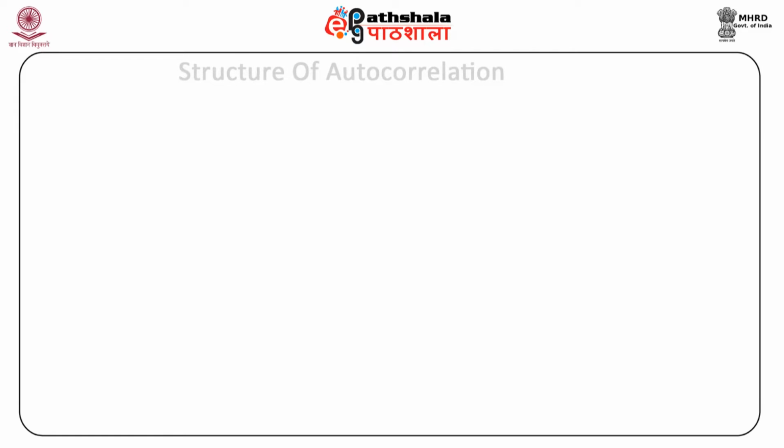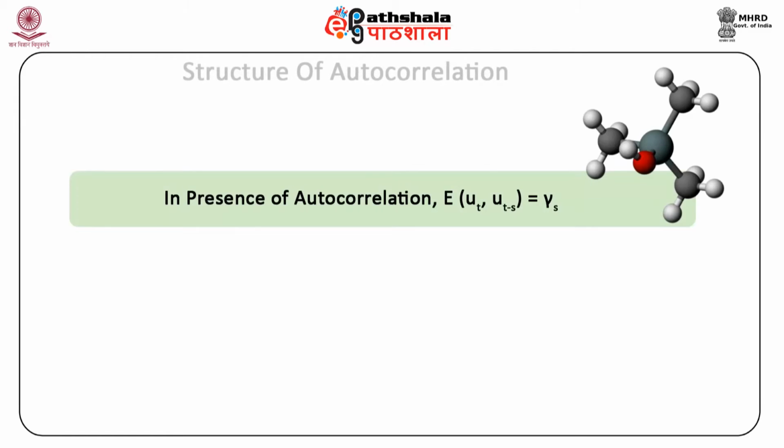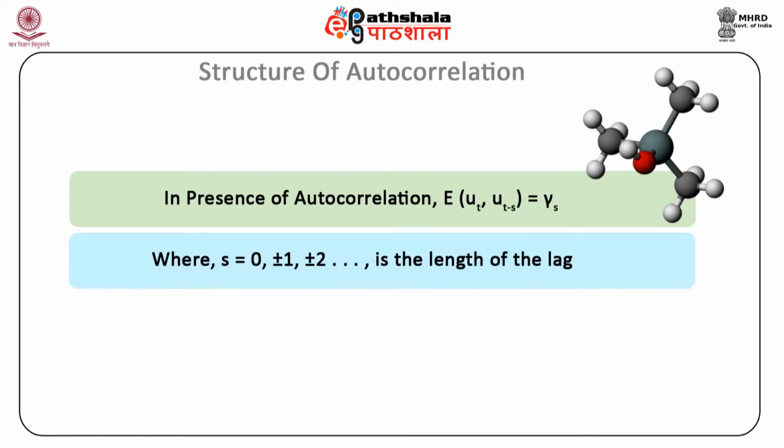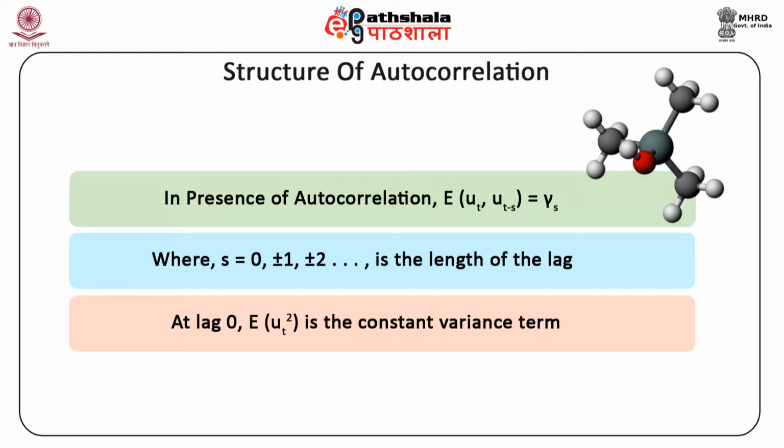We know that when autocorrelation is present, the expected value of u_t u_(t-s) is equal to gamma_s, where s is equal to 0, plus or minus 1, plus or minus 2, and so on, and is the length of the lag. At lag 0, the expected value of u_t squared is the constant variance term.